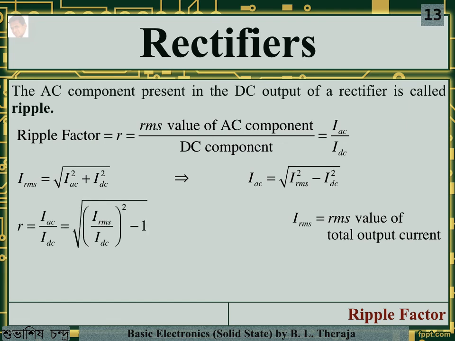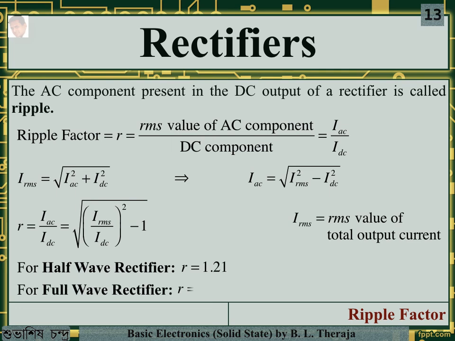Hence, a general formula for the ripple factor R is root of (IRMS by IDC) square minus 1. If we put the values of IRMS and IDC for a half wave rectifier, we get R equals 1.21, and for a full wave rectifier, R equals 0.48. So we see that the ripple factor for a full wave rectifier is quite less as compared to a half wave rectifier.